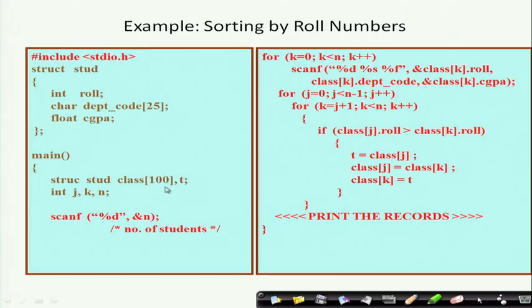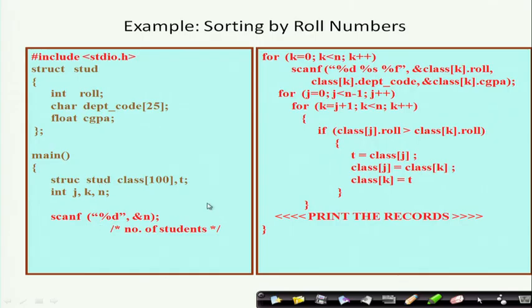We are defining struct stud class[100]. struct stud has been declared globally even before main, that is possible. And here class[100] is one array, and there are some integers. T is again a structure, T is also a structure of type stud.